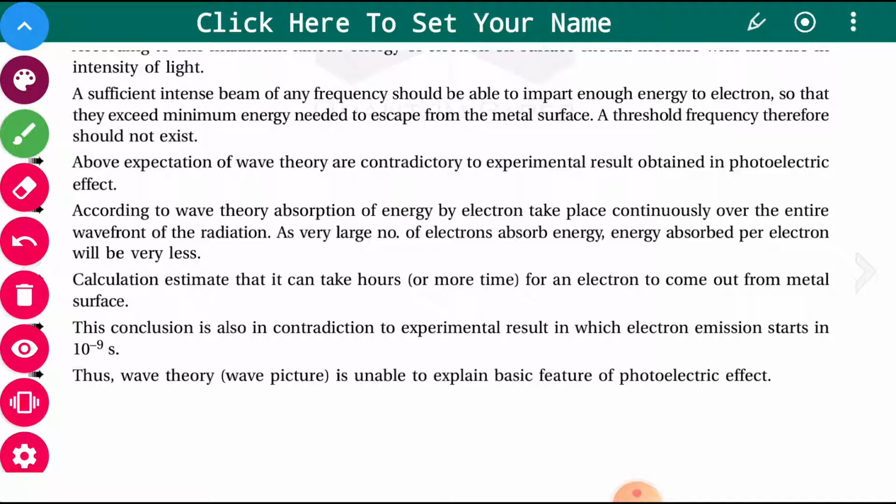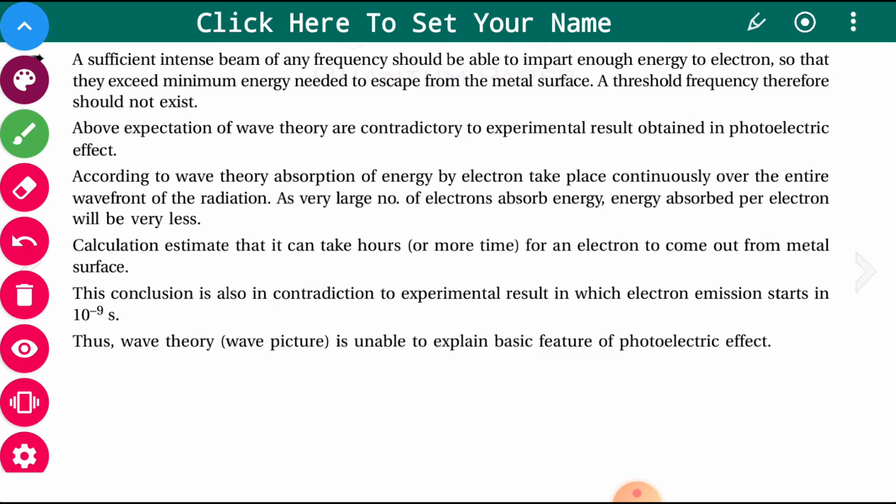According to wave theory, absorption of energy by the electron takes place continuously over the entire wavefront of the radiation. So slowly the electron will acquire the energy and then come out of the photosensitive surface. It takes some time to acquire the energy, as a very large number of electrons absorb the energy.